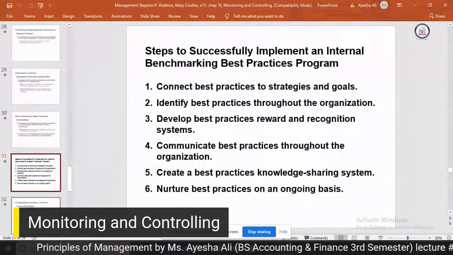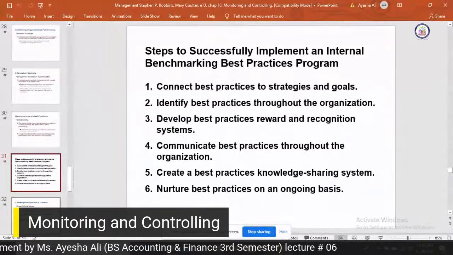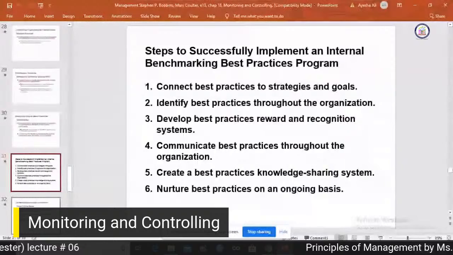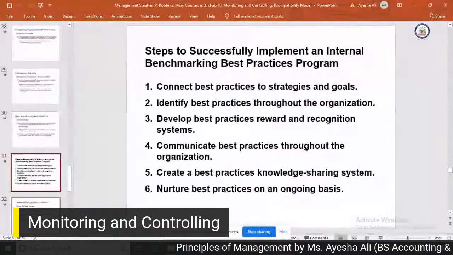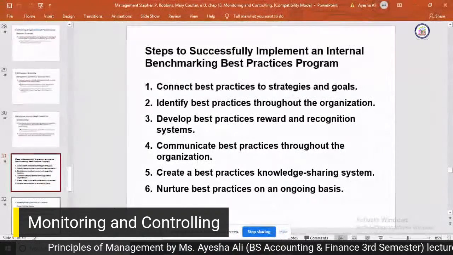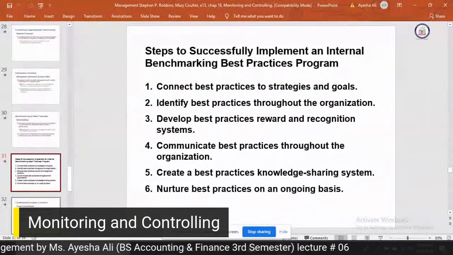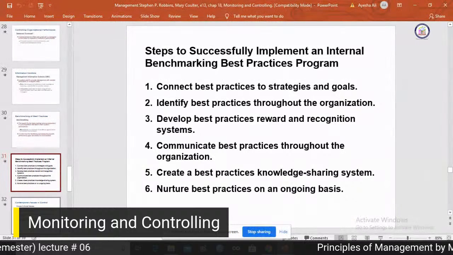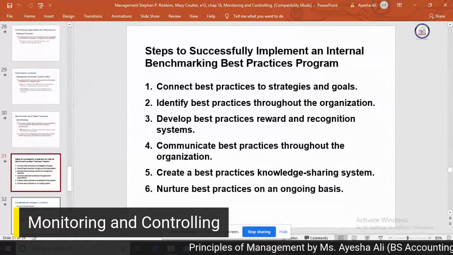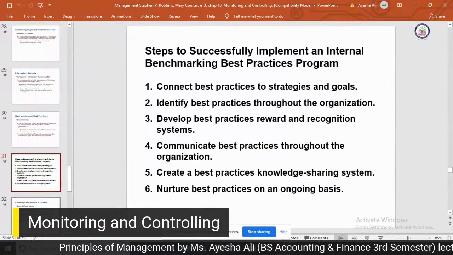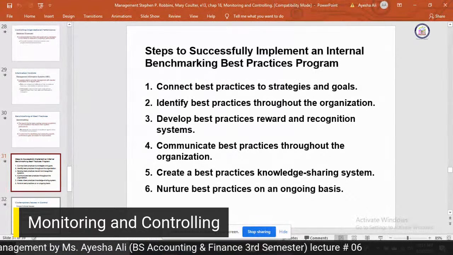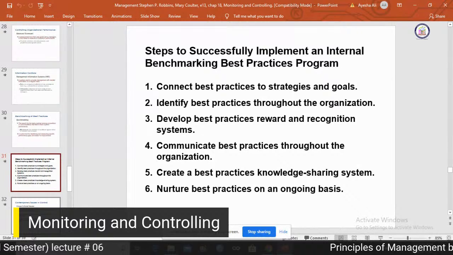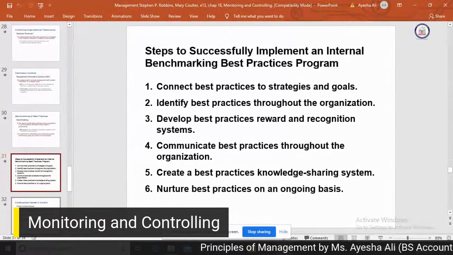So we can basically motivate the workers or employees towards development and growth. Communicate best practices throughout the organization. So we have to inform every single person in the organization that this is the best practice, and we have to adopt it in our work and working environment.